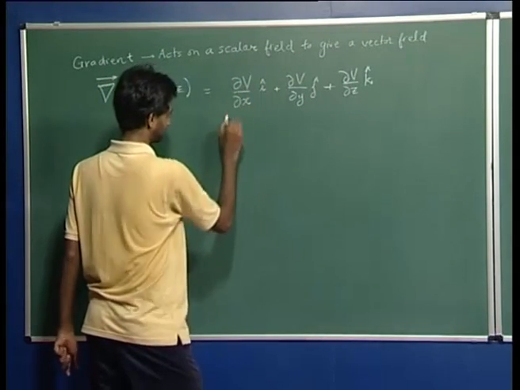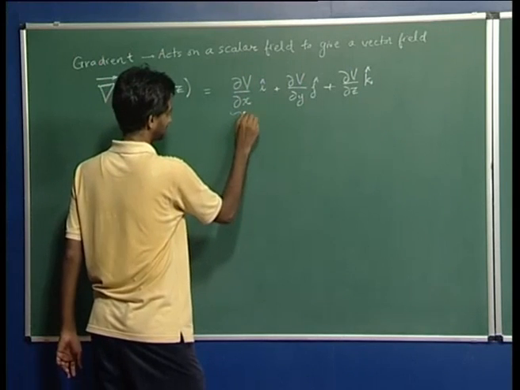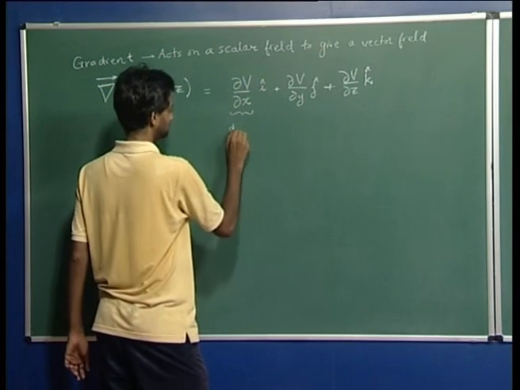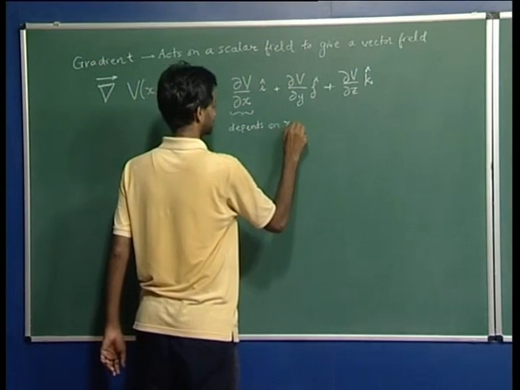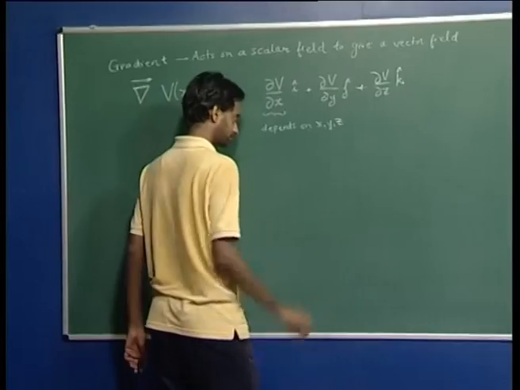The vector has three components, and remember that each of these components depends on x, y, and z. Okay.